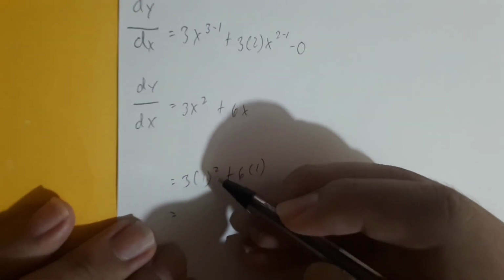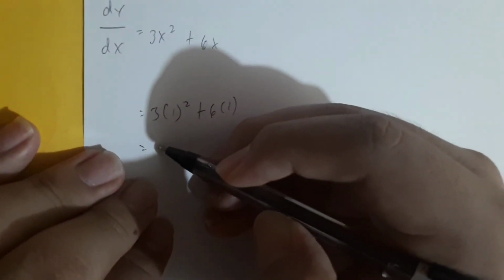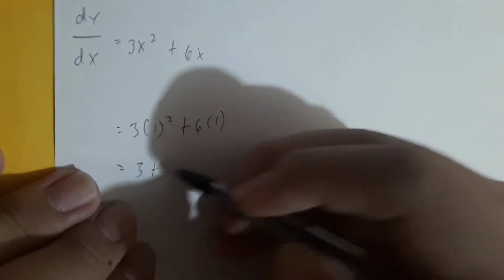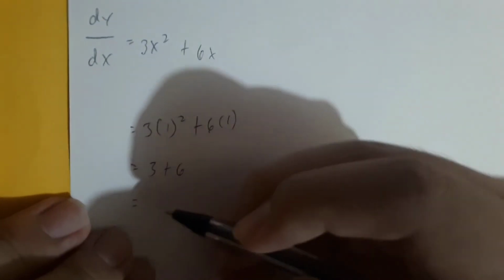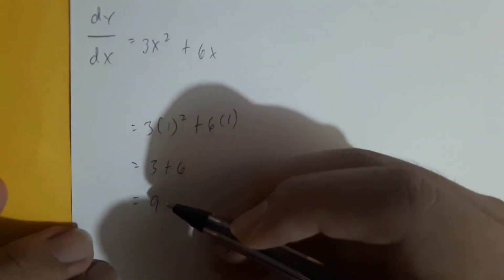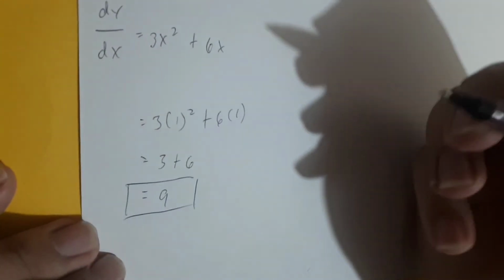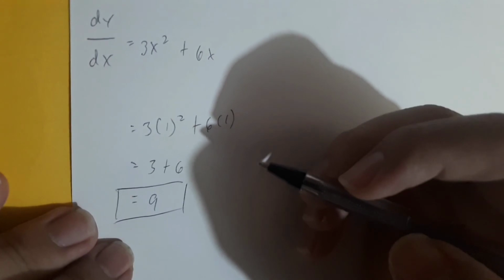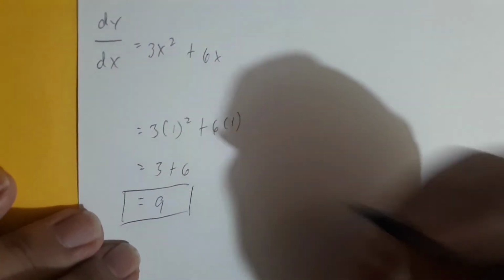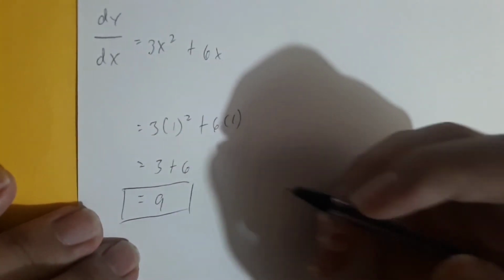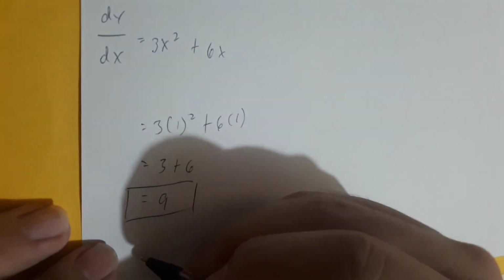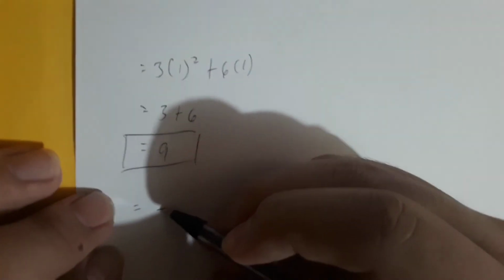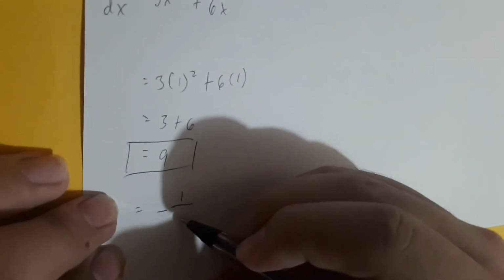So 1 squared is 1, times 3 is 3, plus 6 times 1 is 6, which is 9. So here is our slope. We all know that the normal line is the negative reciprocal of our slope. So our normal line slope will become negative 1 over 9.